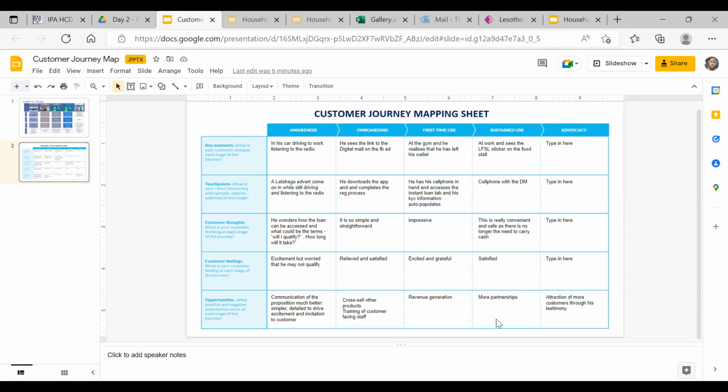They're feeling satisfied, like the smartest person in the room, and excited that they are not only having their lives changed, but also the lives of their colleagues. And for that, it presents an opportunity for us to attract even more customers through the customer's testimony.